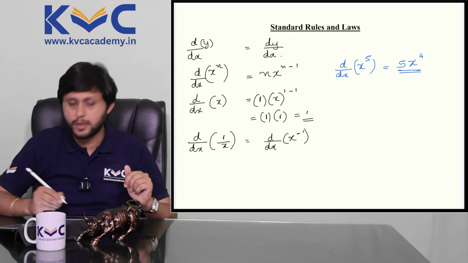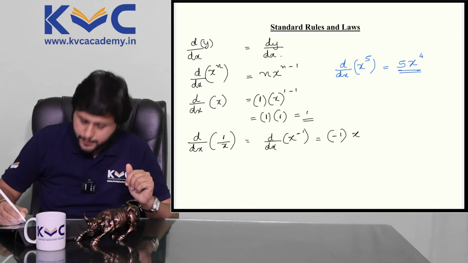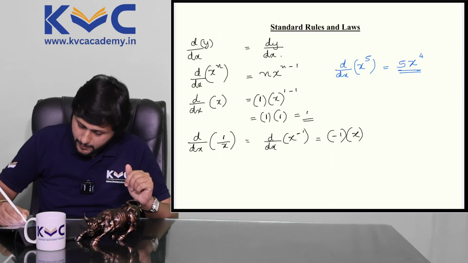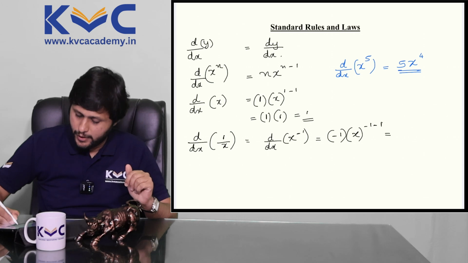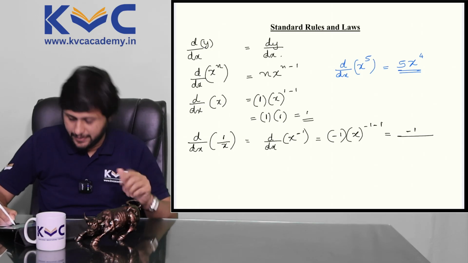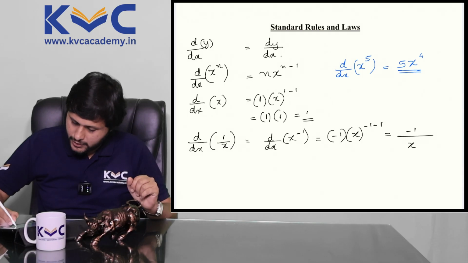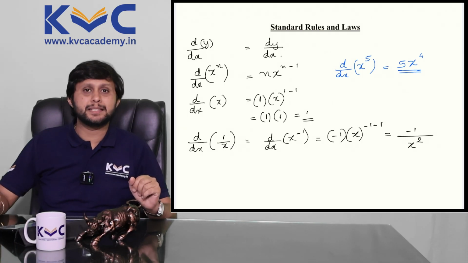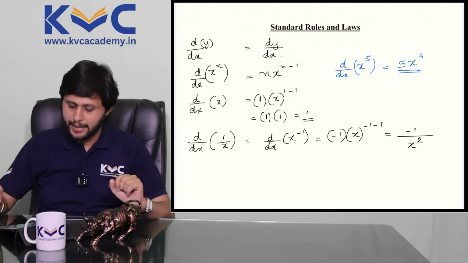Now what is the differentiation of x to the power minus 1? Minus 1 into x to the power minus 1 minus 1. And what will that be equal to? So we have minus 1 into x to the power minus 2. I'll take it to the denominator, x to the power 2. So minus 1 by x square.